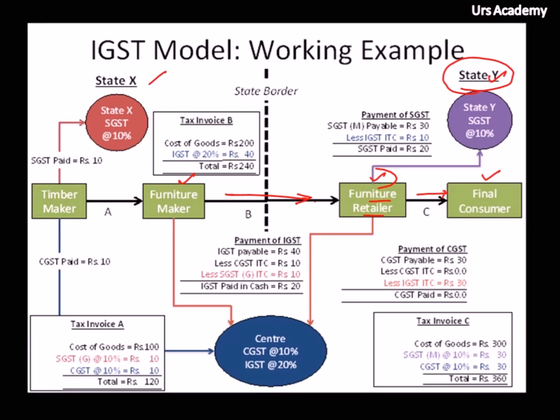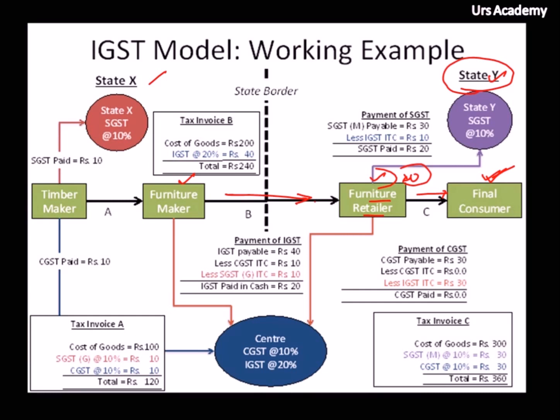State Y will transfer the liability of the input tax to the furniture retailer, and the center will again transfer the credit of input tax to the furniture retailer, that is 40 rupees, and 60 rupees will be appropriated from the consumer, and in net he will pay the taxes for only value addition, but it is the final consumer who will bear the burden of whole taxation again.